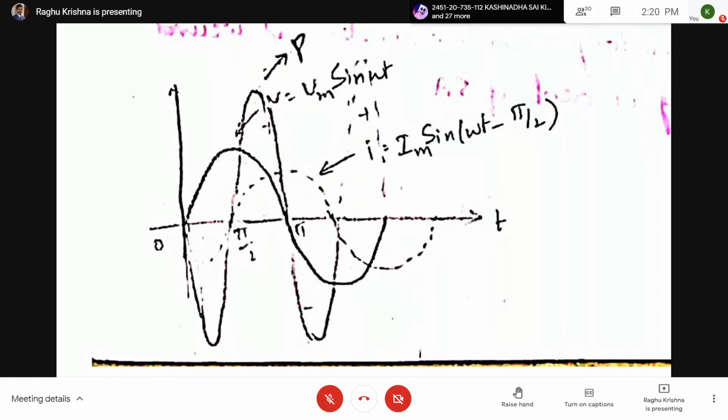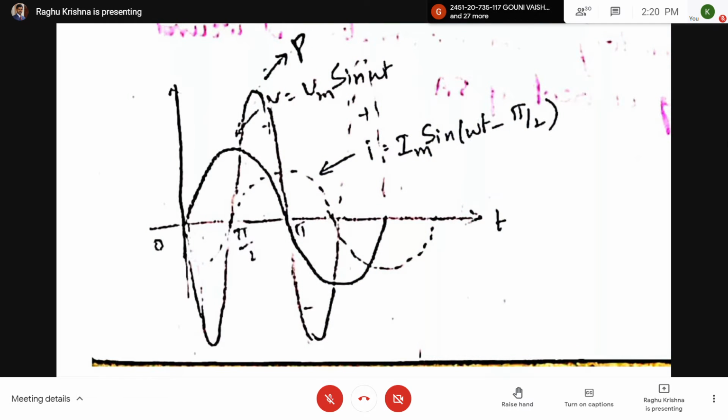It starts from 0. At t equal to 0, voltage equals 0. At omega t equal to pi by 2, V will be maximum. If you see the current waveform, it is drawn with a dotted line.